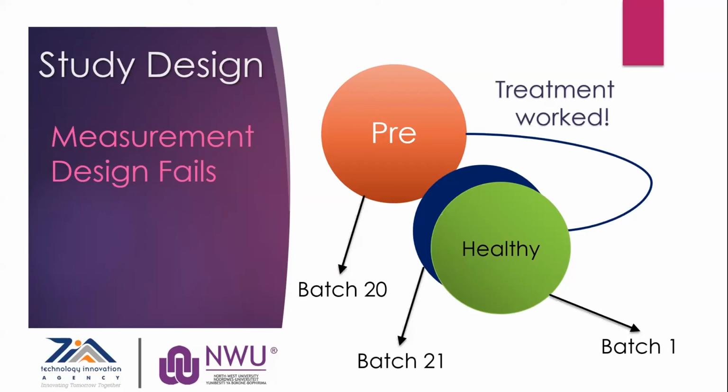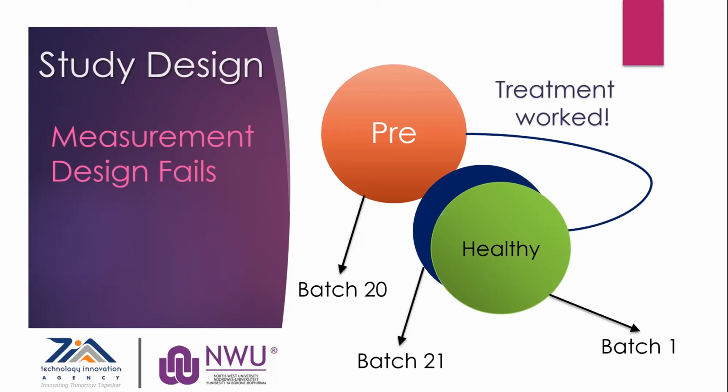If you run whatever samples you already have, you're most likely the pre-cases, and you use the control study, your data is not valid. Why? Because basically you're measuring differences between batches and not differences between your groups.